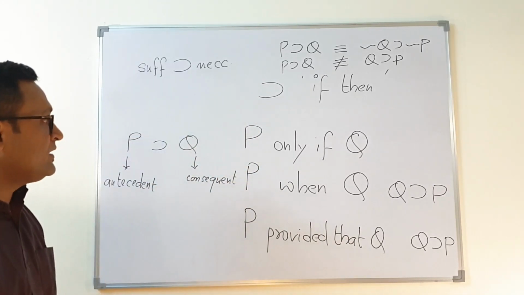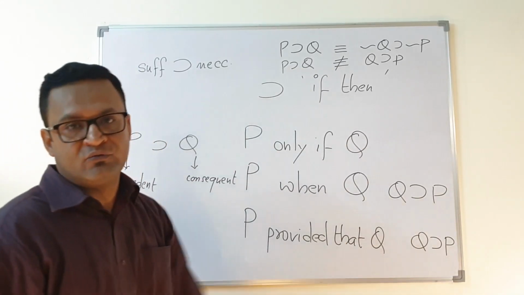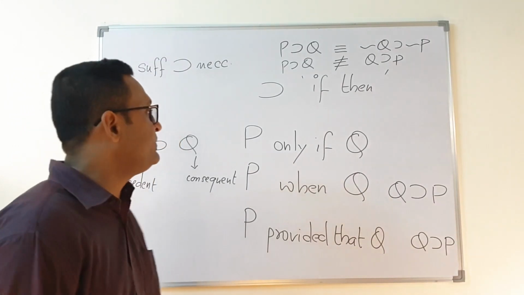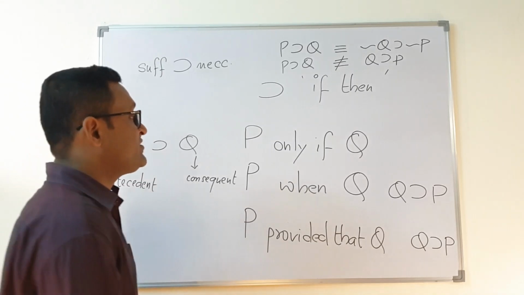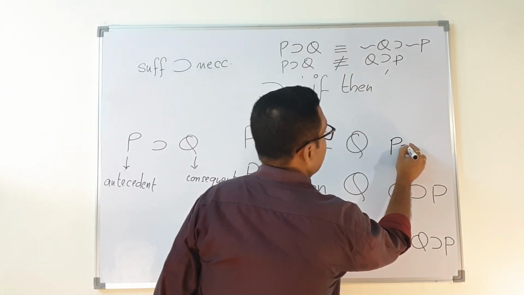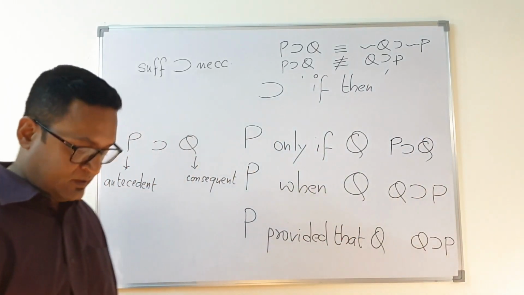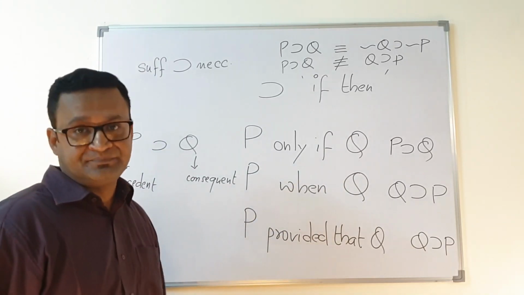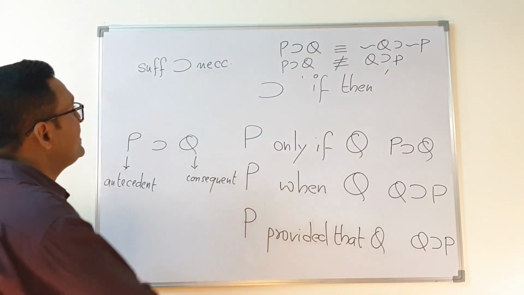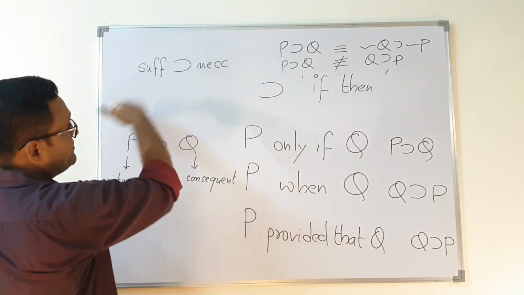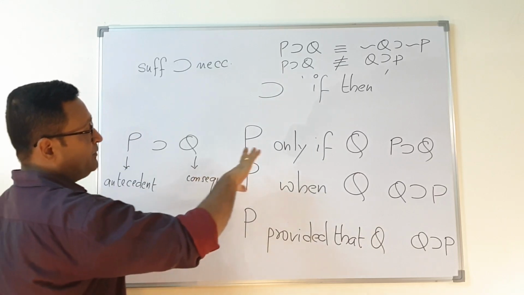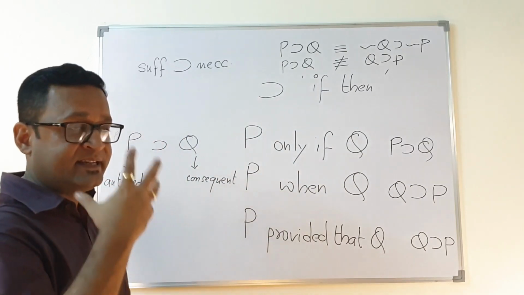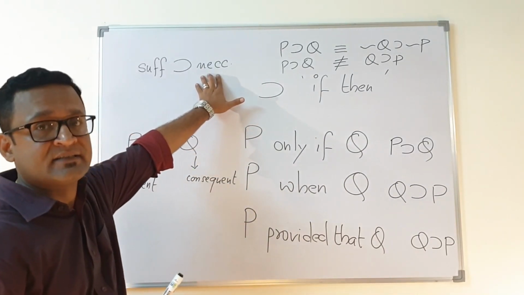So when we say P only if Q, and this is a little bit counterintuitive, usually people have some problems representing P only if Q. The symbolization is nothing but P implies Q. Only if tells that it is a necessary condition, and since it is a necessary condition, it goes to the other side, and the sufficient condition is P. In P only if Q, this Q becomes a necessary condition, and as you can see, the necessary stays at this part.